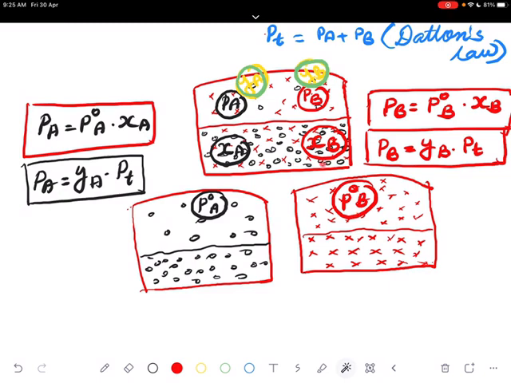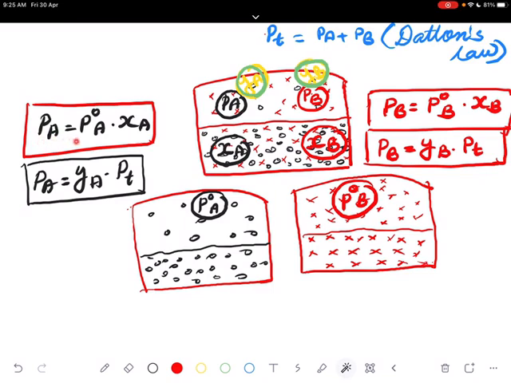When B is highly volatile, it exists in the vapor phase, and A is low volatile, so it will exist in the form of liquid only. So one liquid and one gas, similar to Henry's law.